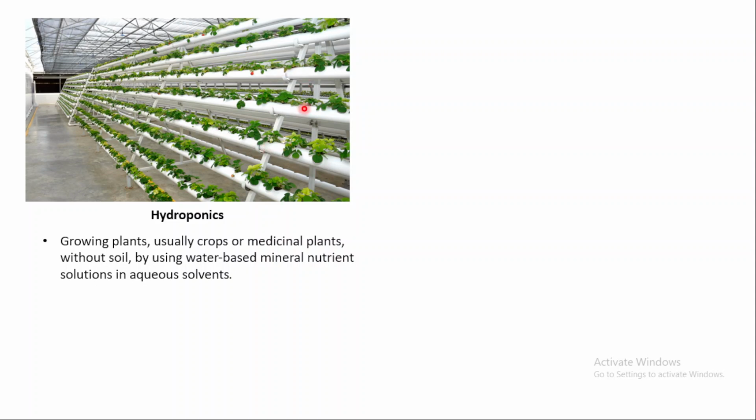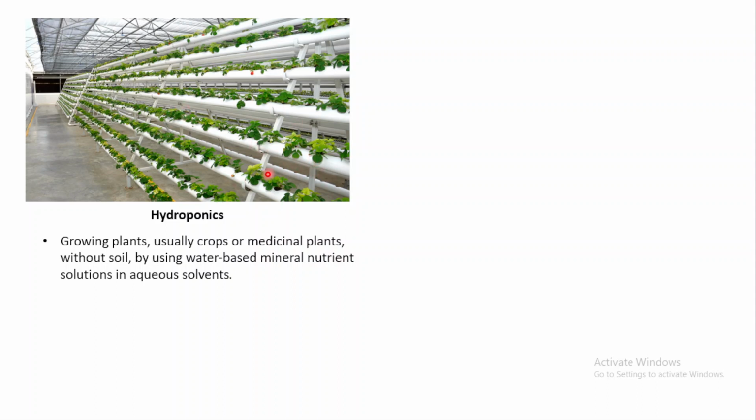Besides, as an alternative, the plant roots are connected through this long tube pipeline through which nutrient mixed water is passed on and circulated, water-based mineral nutrient solution in aqueous solvents. So there are solvents, there are many nutrients, whatever the plant requires for its growth, supplied in this pipe, and this water circulates everywhere.